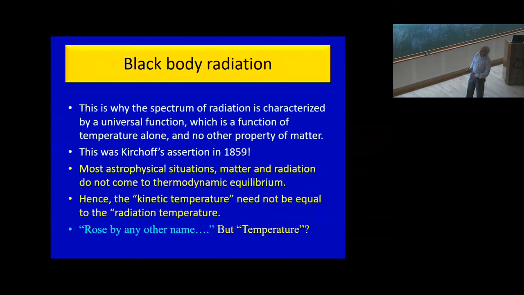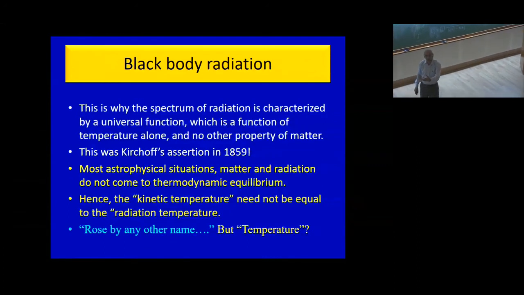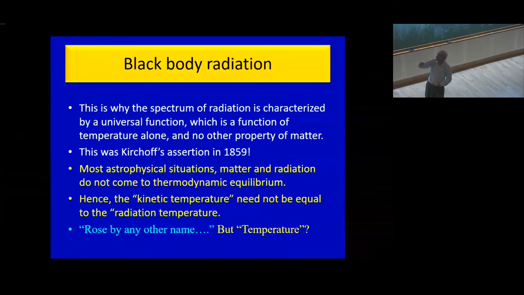Sounds obvious to you, perhaps, but please remember that in most astrophysical situations, matter and radiation do not come to thermodynamic equilibrium. In the sun, because the sun is opaque, as we will see next Wednesday, matter and radiation come to equilibrium. But in a nebula or this neon sign in a shopping center or these tube lights, matter and radiation do not come into equilibrium.